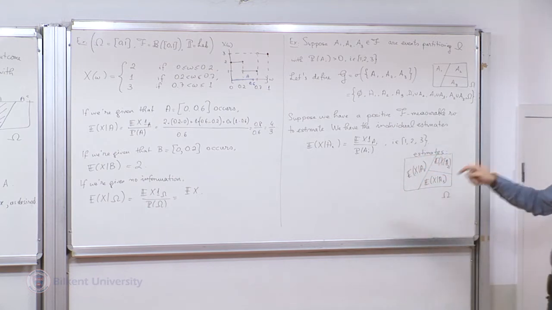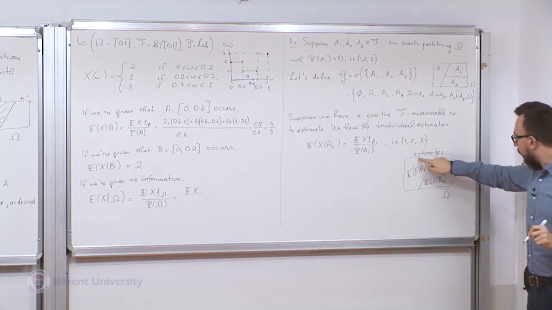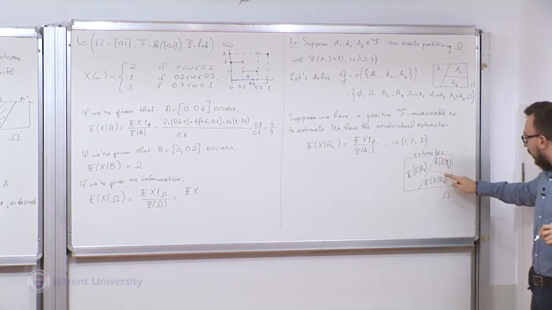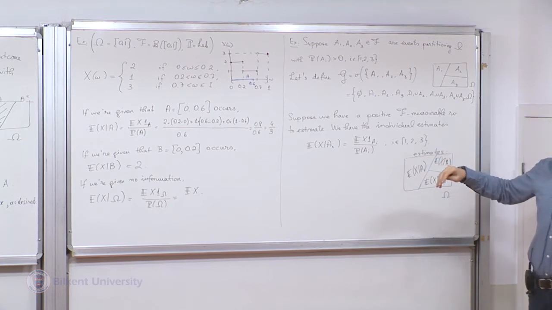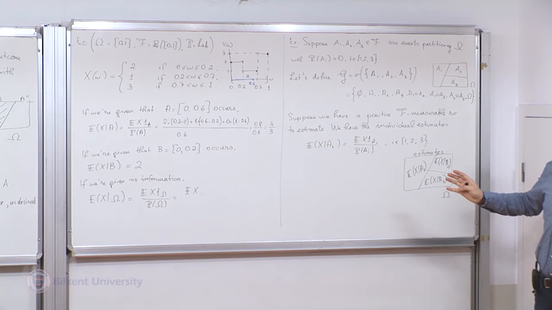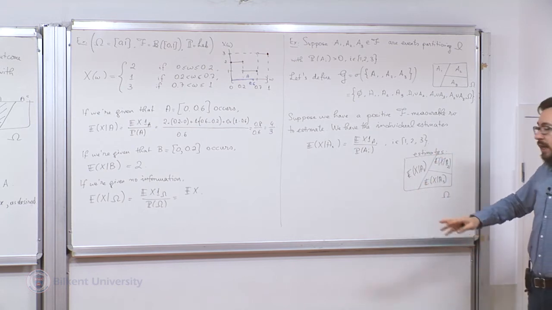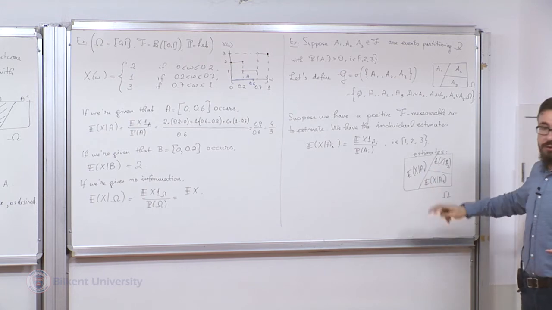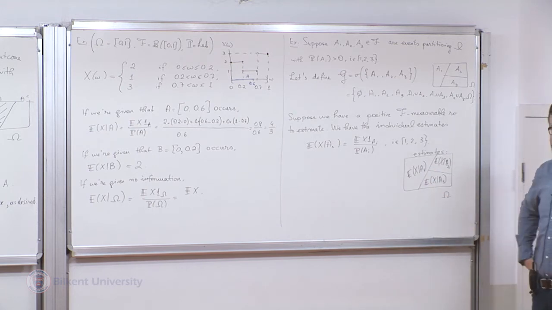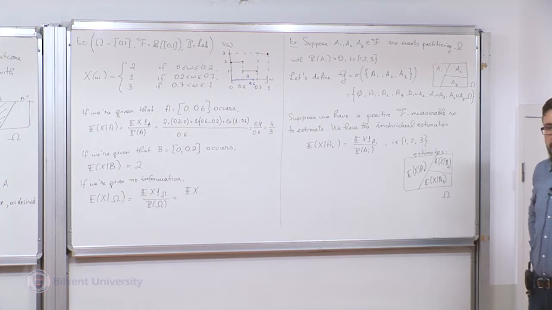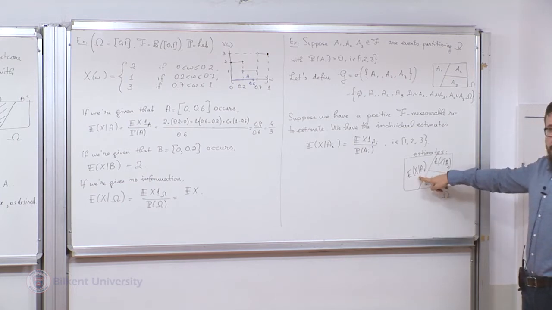How can you combine the 3? So this is our estimate on this set. This is on this set, and this is on this set. They are disjoint sets partitioning omega. Can you come up with a way to combine those 3 values in the form of a random variable? What kind of a random variable? Discrete? Simple function, right? You can come up with a simple function. And it is indeed the canonical representation.